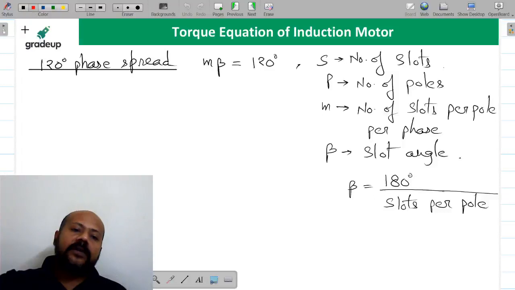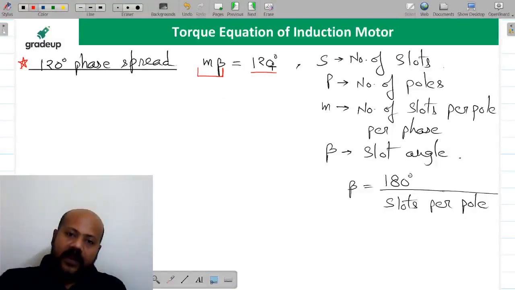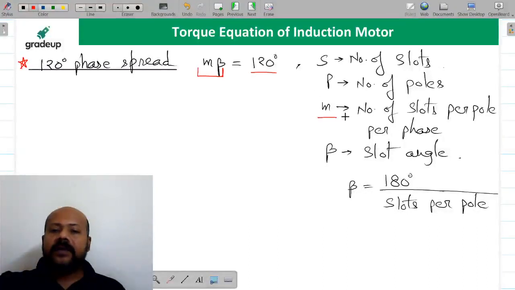First we are going to discuss the 120 degree phase spread. Here we define the phase spread as 120, where M is the number of slots per pole per phase, and beta is the slot angle, defined as 180 degree divided by slots per pole per phase.